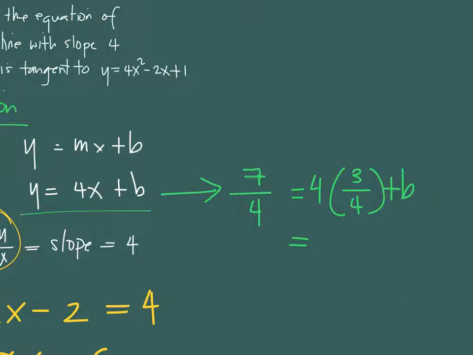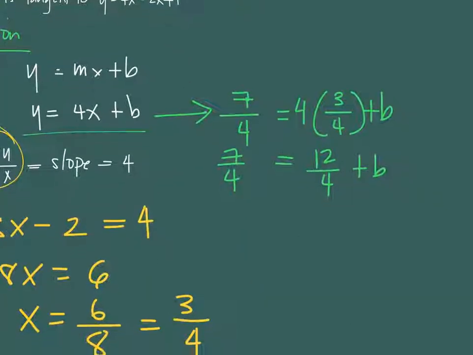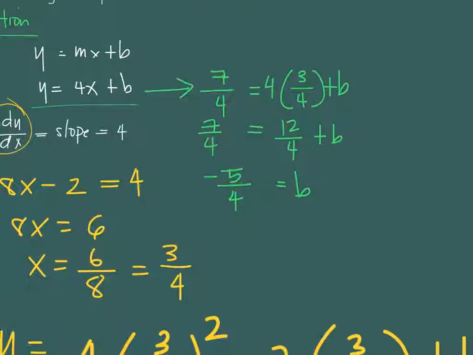So that the fractions are not difficult, let's make it 12 over 4 first. So b must be equal to negative 5 over 4. So we have completed the equation. So this must be y equals 4x minus 5 over 4.